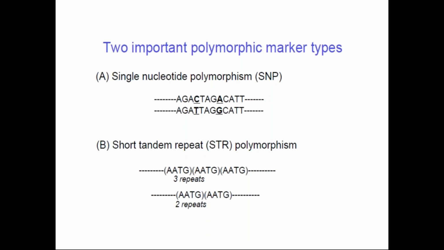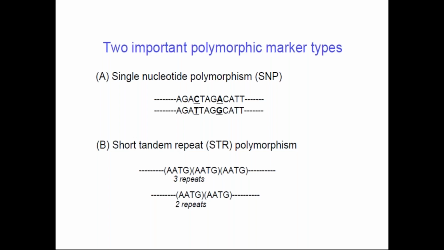So, dear participants, now I would like to explain the PCR-based molecular techniques to develop DNA fingerprints. In our human genomic DNA, there are two prominent types of polymorphic marker. A polymorphic marker is a DNA sequence which is present in every individual, every human being, but that sequence shows variation from person to person.